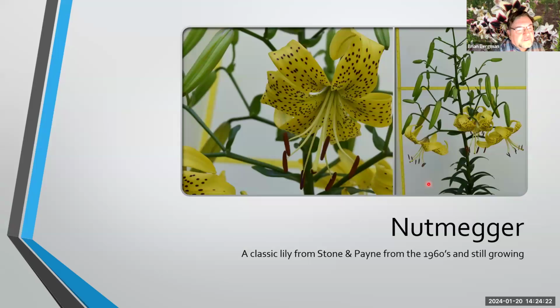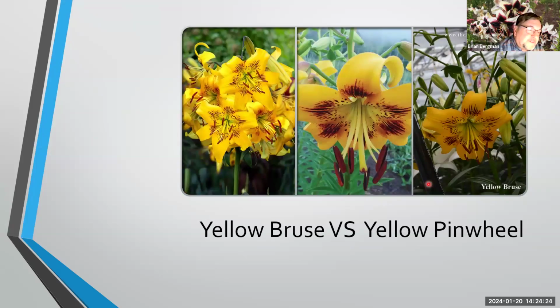Anyways, next slide. And then we have another controversy, Yellow Bruce versus Yellow Pinwheel. Now, the picture on the left is from the Lily Company, which is the only distributor of Yellow Bruce / Pinwheel. That's the picture they have in their catalog.